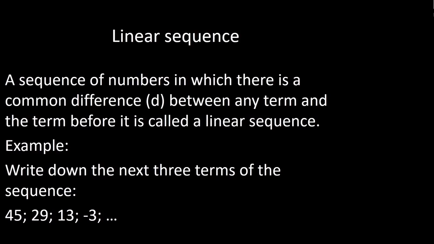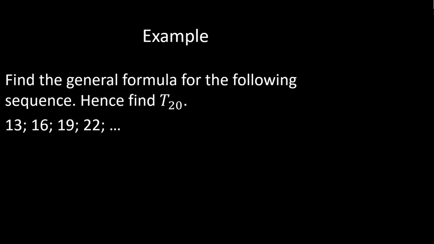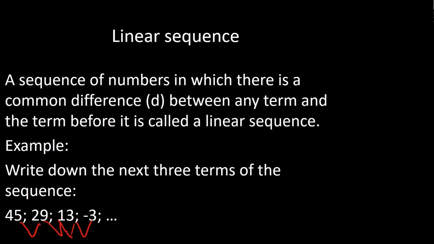Let's start off with linear sequences. So remember that a sequence of numbers in which there is a common difference between the terms is called a linear sequence. So say, for example, we've got the numbers 45, 29, 13, and -3. All right? So to work out if there is a common difference between the numbers, I'm going to say term 3 minus term 2.